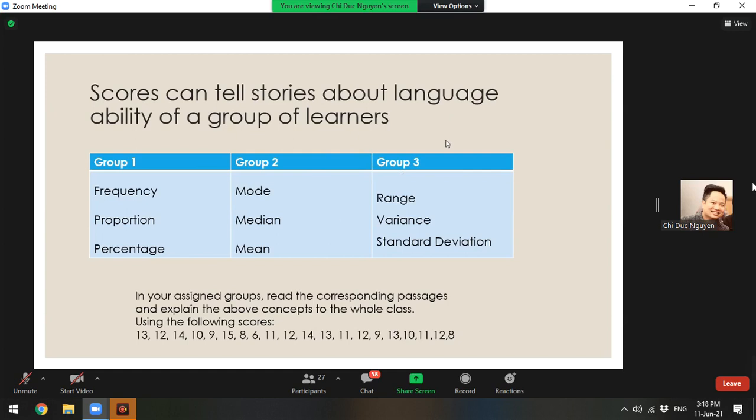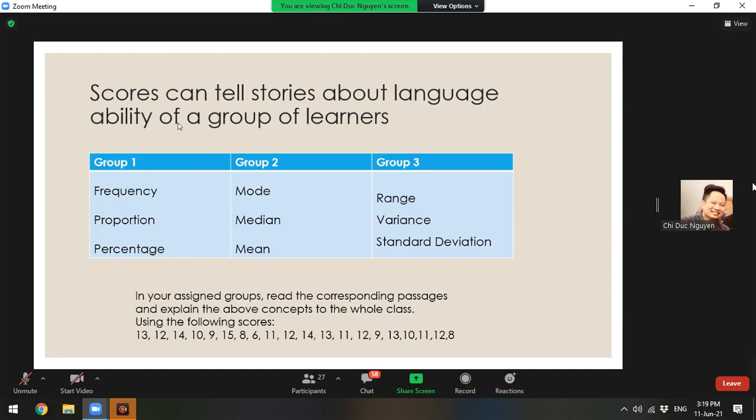Okay, so with these 9 indices, I have unpacked the story that you can figure out from this data. If you have a list of different scores or grades from the students, these scores and grades tell you a lot about the relationship between the students, the relationship between one group of students and another group of students, and the relationship between a group of students and your teaching method.